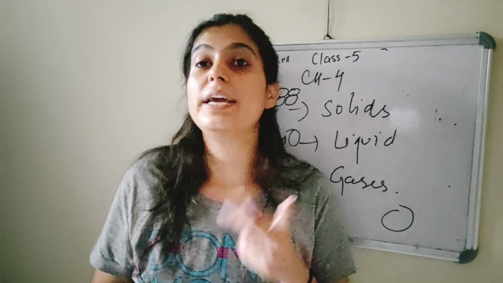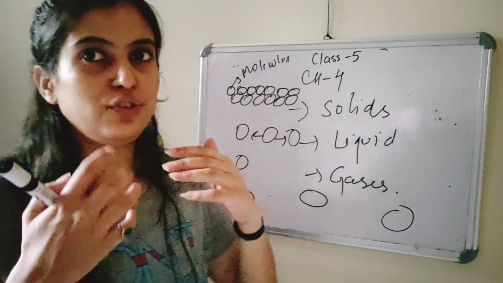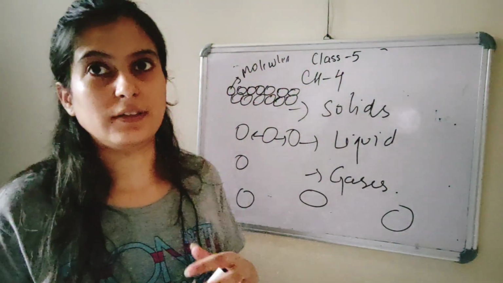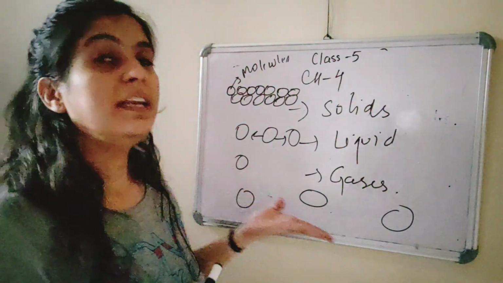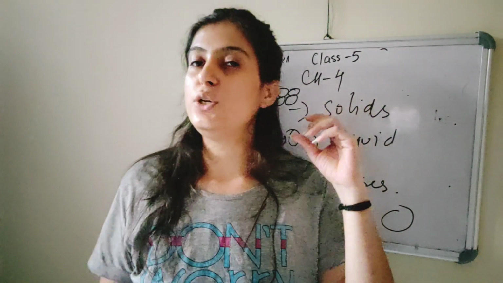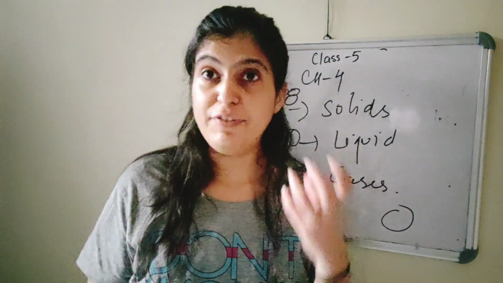For example, air. Air has oxygen, hydrogen, right? All this is in the air. Air is a mixture of very different gases. In gases, the molecules move randomly. They do not have a definite shape.